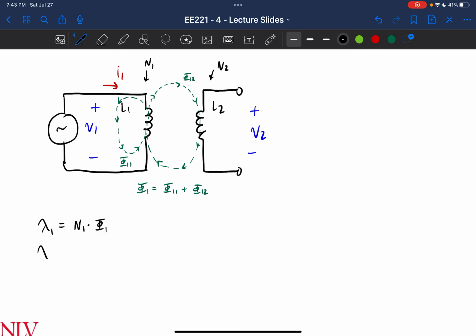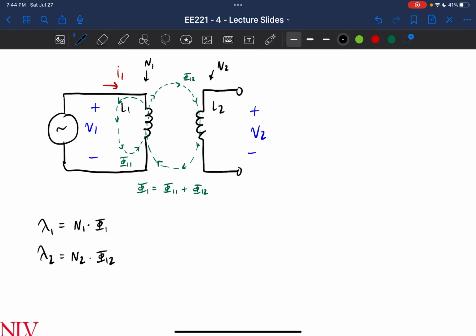If I wanted to define lambda 2, the magnetic flux linkage for coil 2, it would be the number of turns of coil 2 multiplied by the flux linking coil 1 to coil 2, because the only flux I have through L2 is phi 1,2. So those are my two magnetic flux linkage terms.